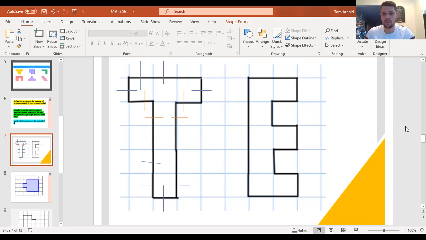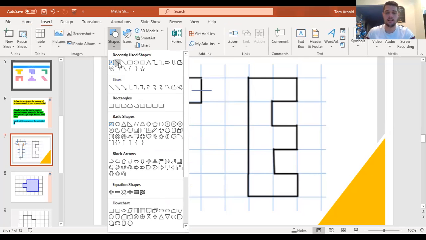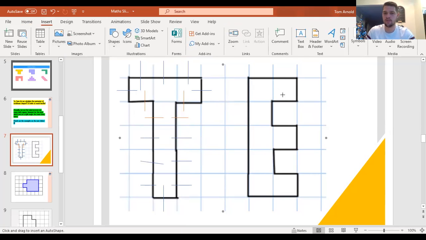I'm not going to count every single side, but what I am going to do is look at these ones, because I've got a right angle here and I've got a right angle here. I have a right angle here and here. So again, it's a bit trickier. Okay, so really concentrate. I've only got one square.